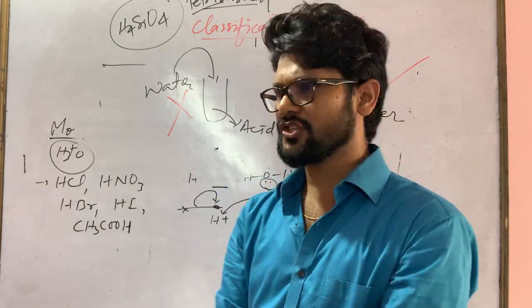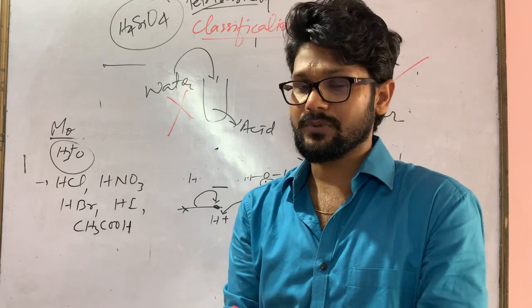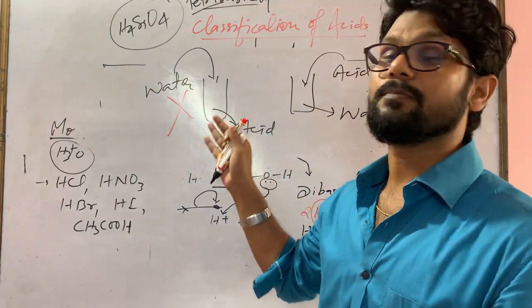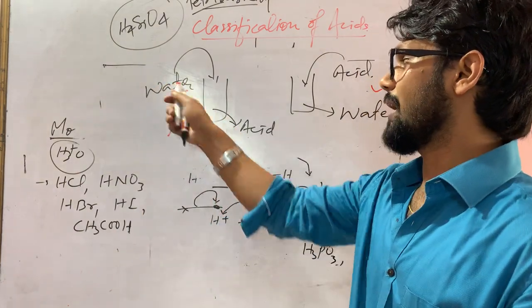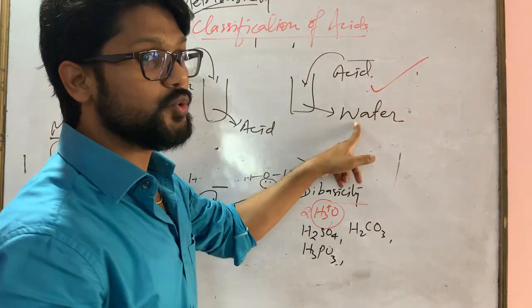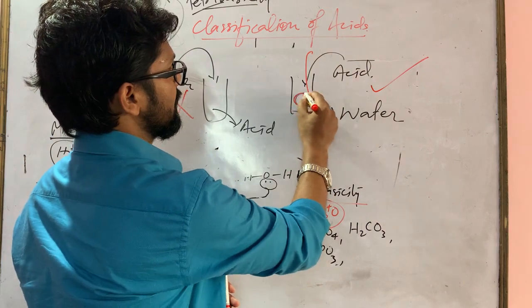During addition, the acid may change into vapor, and that vapor may be fatal for the person, or the apparatus may break. This is the reason water is never added to acid. So we always add acid to water, with continuous stirring.